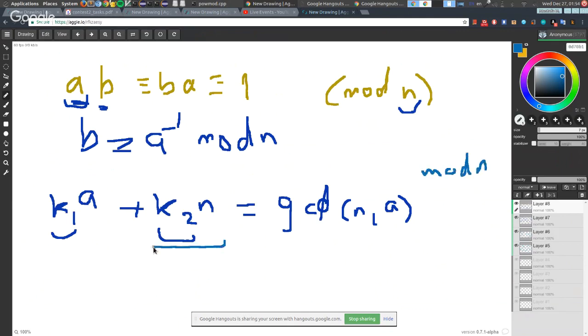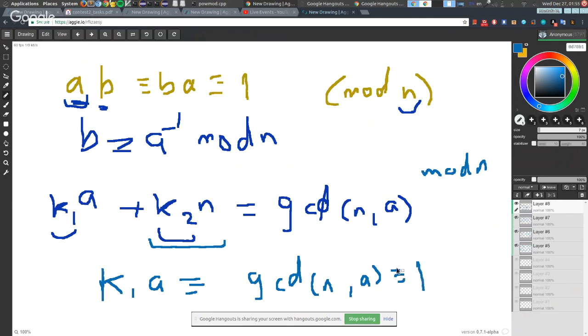This part will be 0 modulo n, so k1 times a is congruent to the GCD of n and a, which, as we assume, will be 1, because they're coprime.